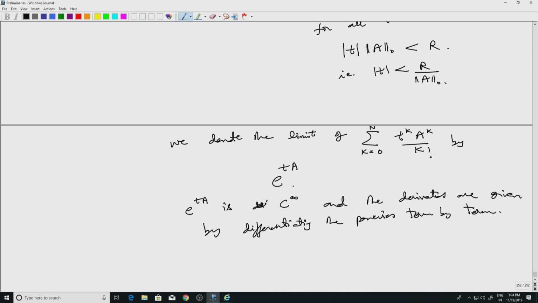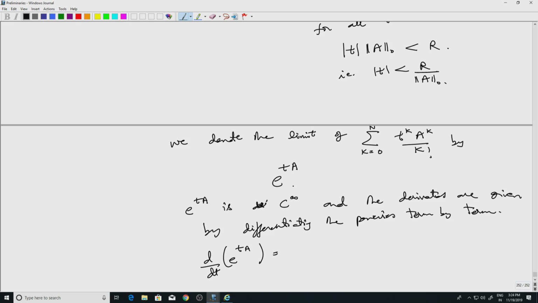So in particular, if I want the first derivative, d by dt of e to the power ta, I just have to differentiate the series expansion term by term.